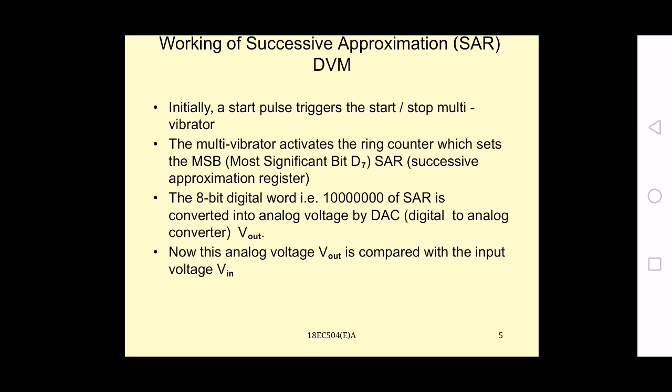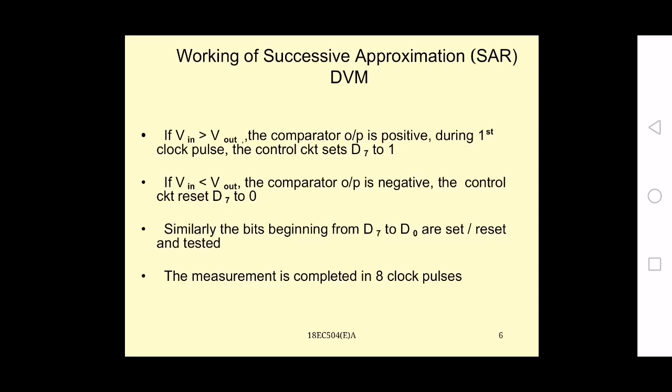So if V in is greater than V out, if the unknown input voltage is greater than the output voltage coming from the digital to analog converter, what will the comparator do? The comparator output will be set to positive.